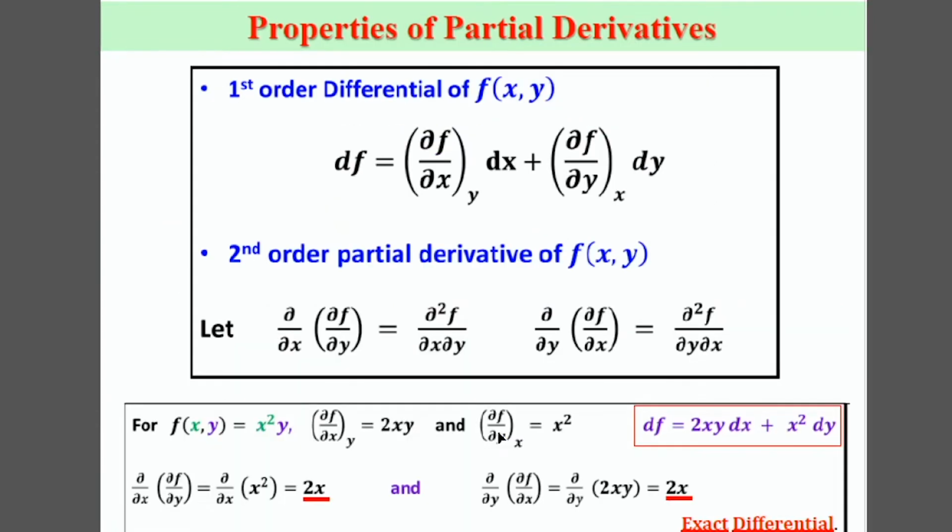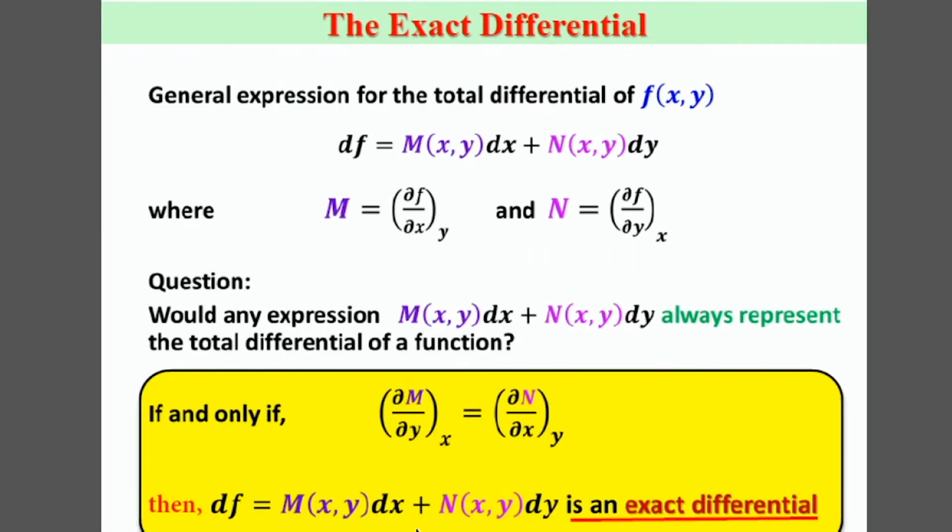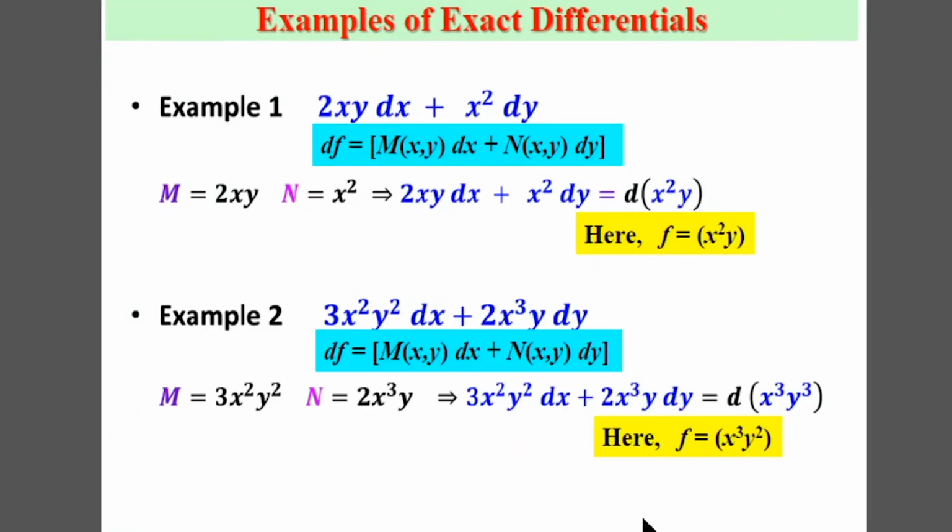Only then can we represent that this df, which is a representation of the partial derivatives of the two variables x and y, is going to give the total differential, and at that time we call it a perfect differential or exact differential.